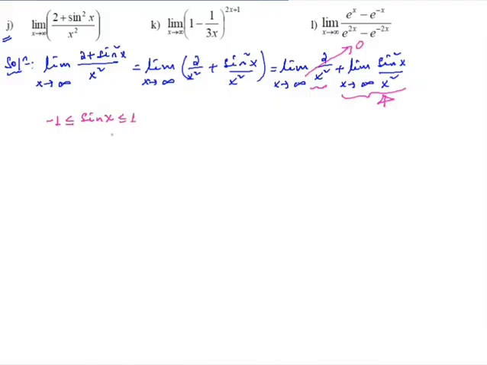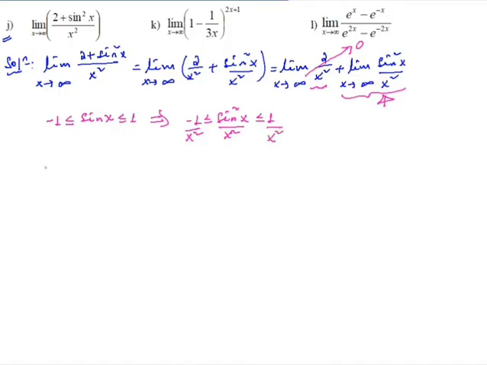The same thing will happen if we square it. Still the squared value of sine is between minus 1 and 1. In fact, it is between 0 and 1, but we can also write it like this. So we can apply the squeezing theorem, or let us take division on both sides by x squared.